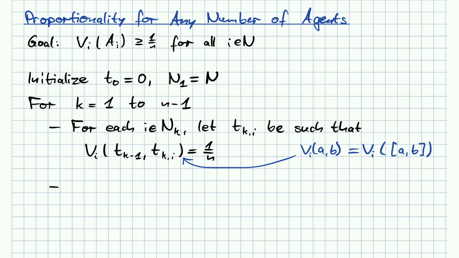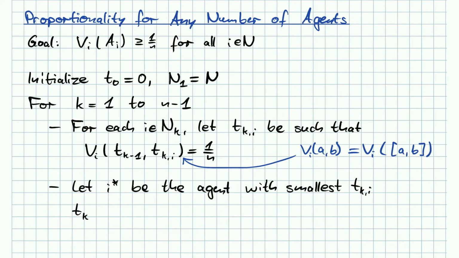And now we let i star be the agent with the smallest tki, and we let tk be equal to tki star, and ai star will be the interval from tk minus 1 through tk.